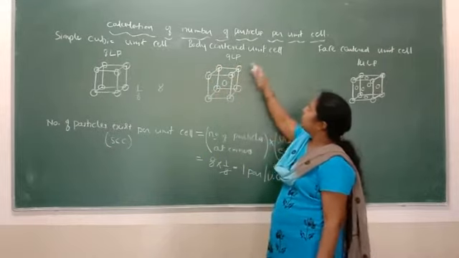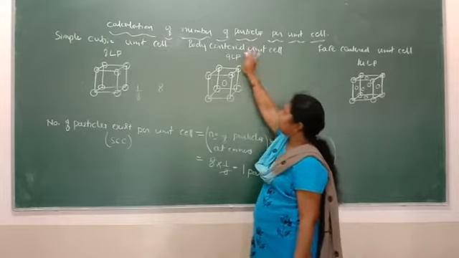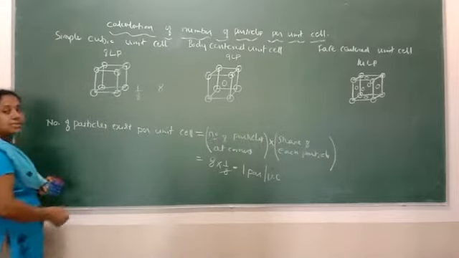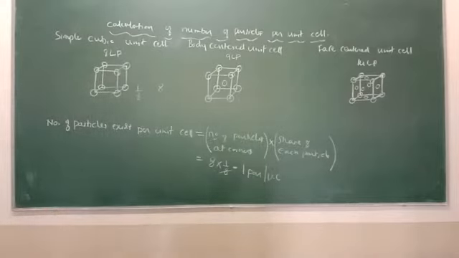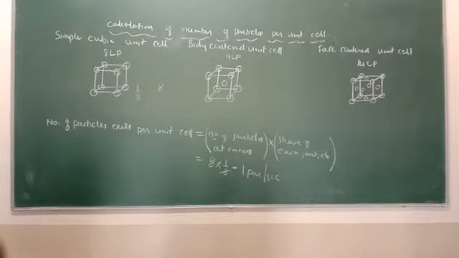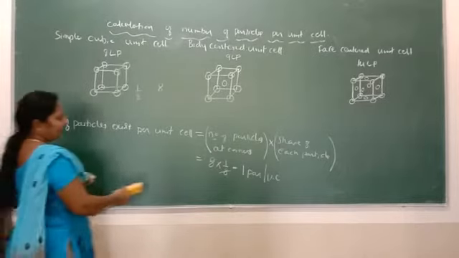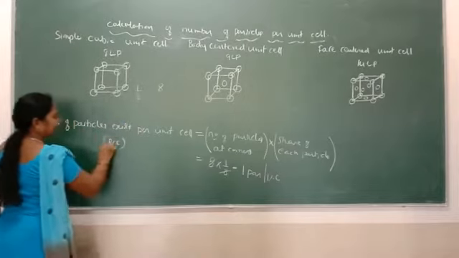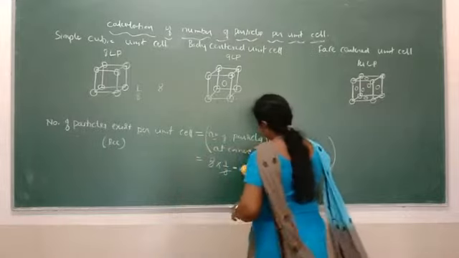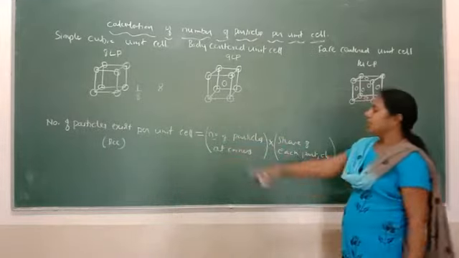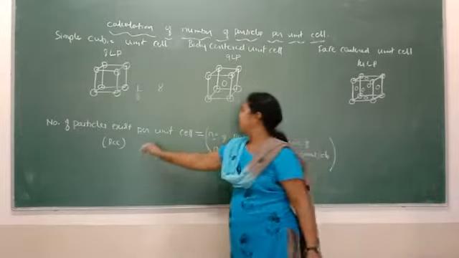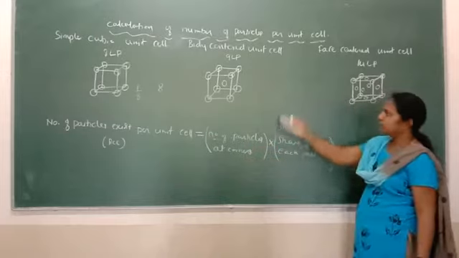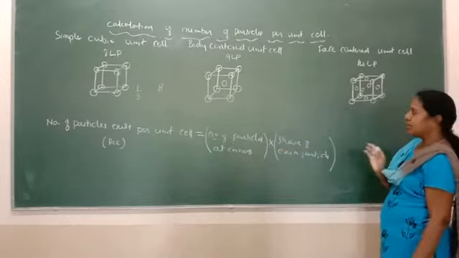If you want to calculate the number of particles that exist per unit cell in case of BCC, we take the equation: number of particles per unit cell in BCC is equal to number of corner particles into share of each particle, which is common in both simple cubic and BCC.